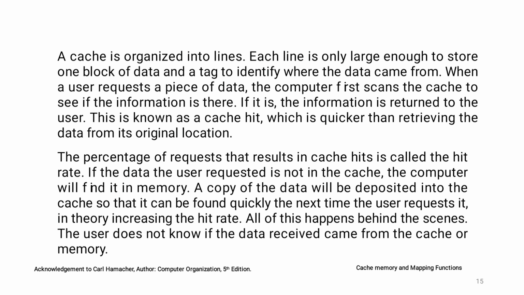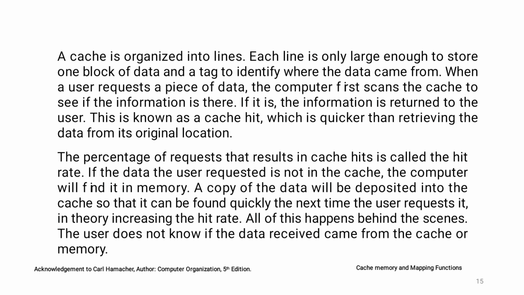When a user requests a piece of data, the computer first scans the cache to see if the information is there. If it is, the information is returned to the user. This is known as a cache hit, which we already discussed, and it is quicker than retrieving data from the original location. The percentage of requests that result in cache hits is called the hit ratio.